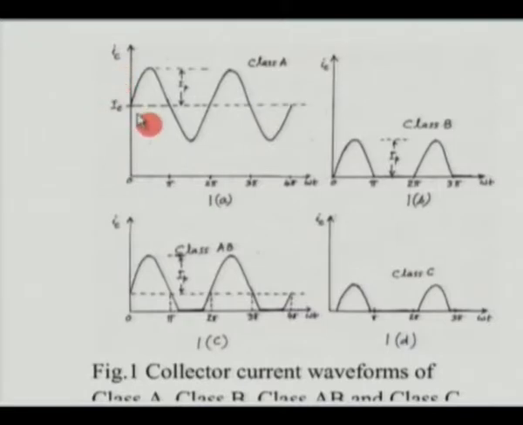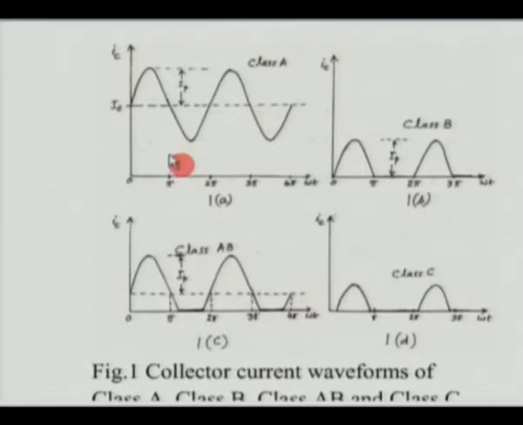What you would see is that even at the extreme negative excursion of the signal, there is still current, which means that this particular current IC, which is the quiescent current or the operating current, is greater than the peak value of the signal. So this is a very important feature of a class A amplifier.